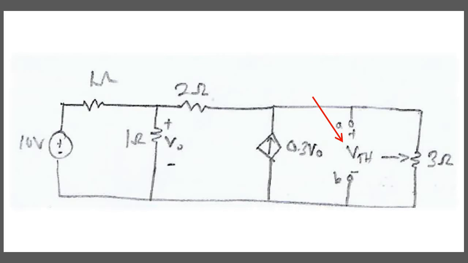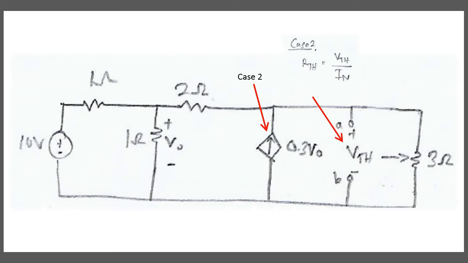After that, we must know whether this is case 1 or case 2. With the appearance of a dependent source, we know that this is case 2. With case 2, we can't easily get Thevenin's resistance, so we use the formula Thevenin's resistance equals Thevenin's voltage over Norton's current.